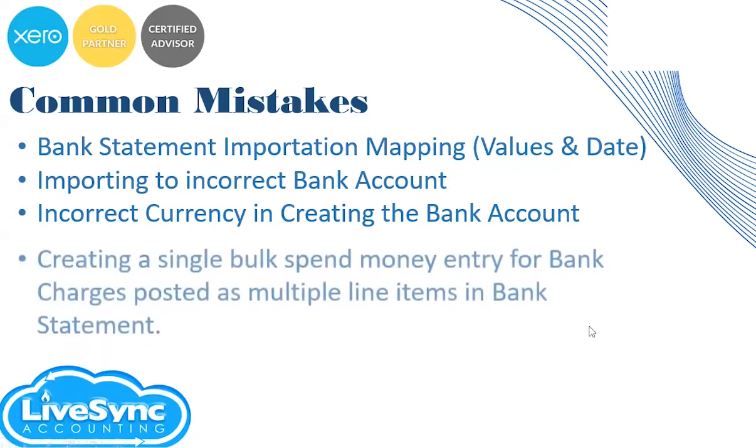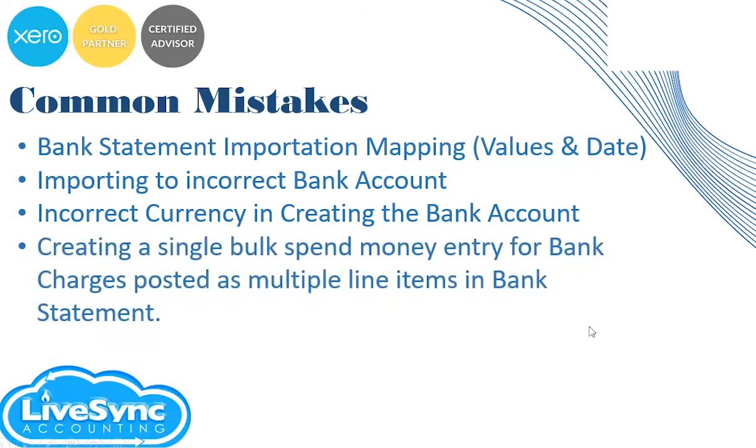Then next, creating a single book spend money entry for bank charges posted as multiple line items in the bank statement. Here, for example, a typical or old school accountant doing the bank reconciliation manually is used to summing up all the bank charges for the month and creating one entry. We accountants want a shortcut process as much as possible, but in this case, we cannot do that shortcut.